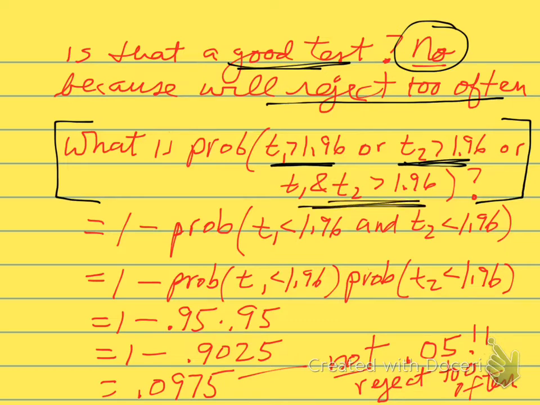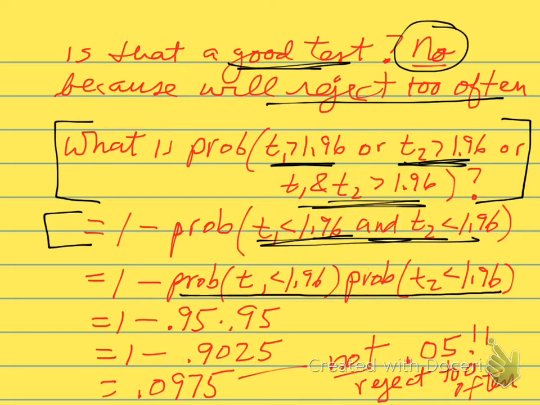What is that probability? Well, that probability is just 1 minus the probability that the t-statistic for the first coefficient is less than 1.96 and the t-statistic for the second coefficient is less than 1.96. Remember, the t-statistic is a random variable because it varies with each sample.